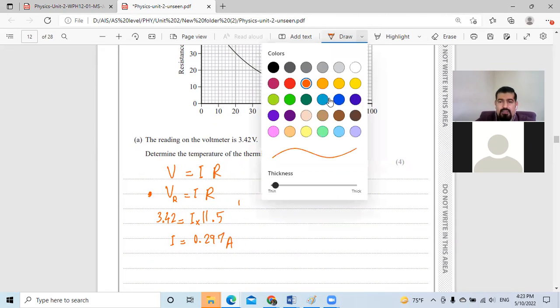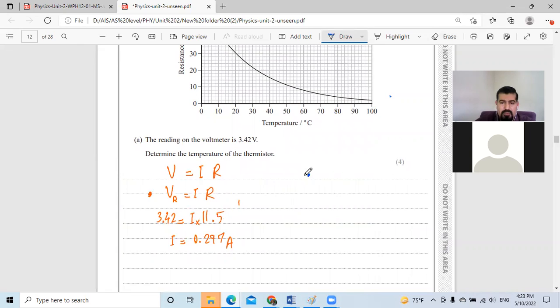Then I will do it again for the thermistor. The voltage for the thermistor equals I multiplied by R for the thermistor.